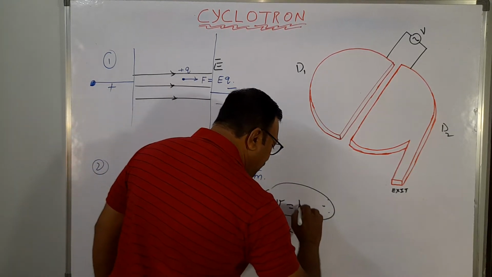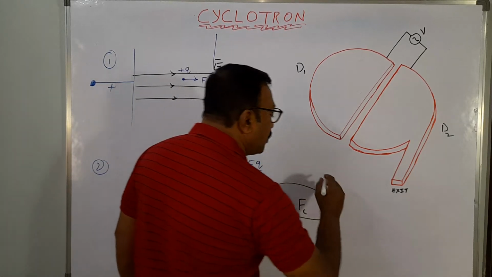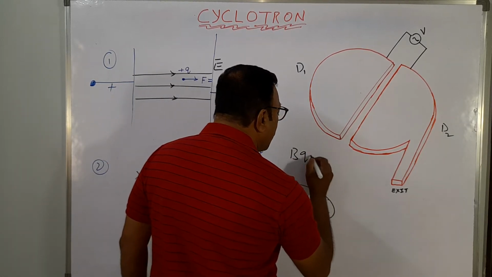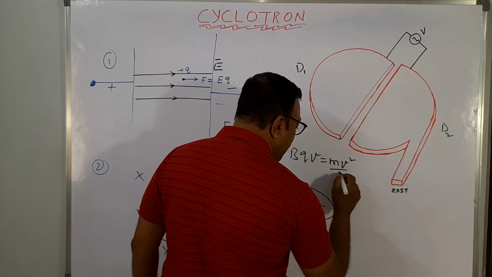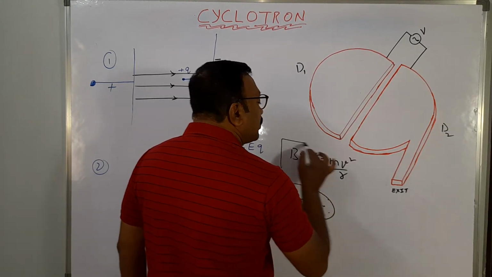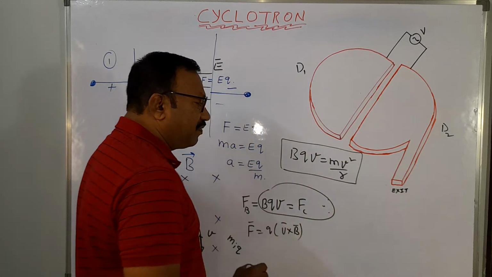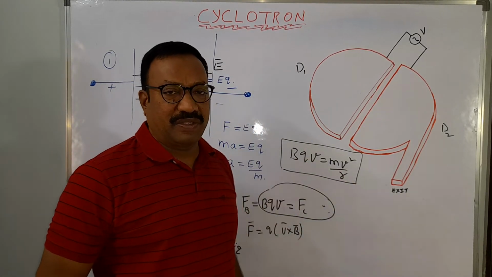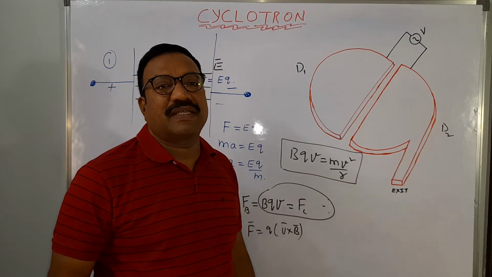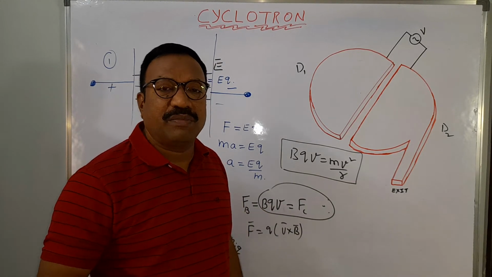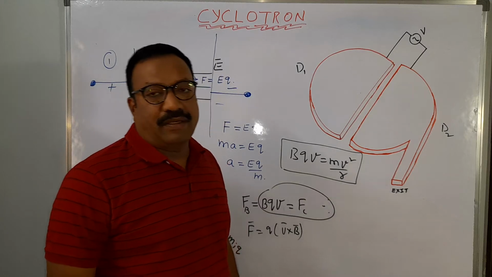So I must say BQV is equal to mv square by r. The force exerted by the magnetic field is equal to the centripetal force, or the centripetal force is provided by the force exerted by the magnetic field in order to make the particle move in a circular motion.